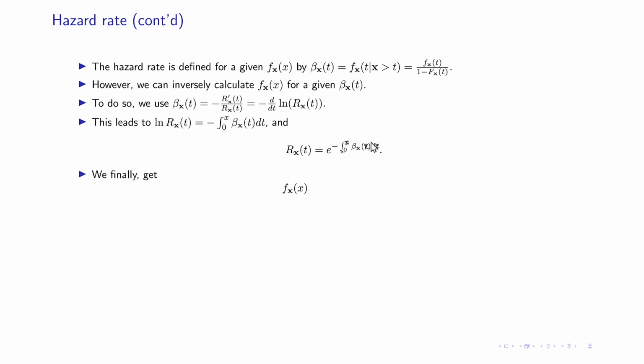So from here, if I calculate minus the derivative of these, I get this expression. So it's minus d/dt, and then replace t by x. Obviously I get the PDF. So this is a general formula with which you can calculate the PDF using the hazard rate.